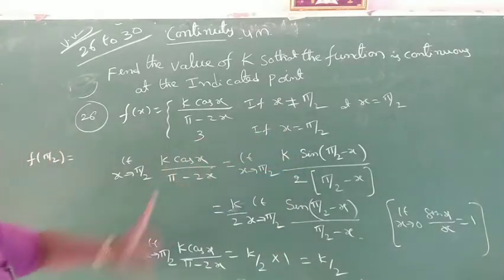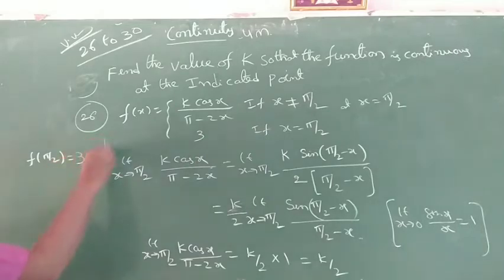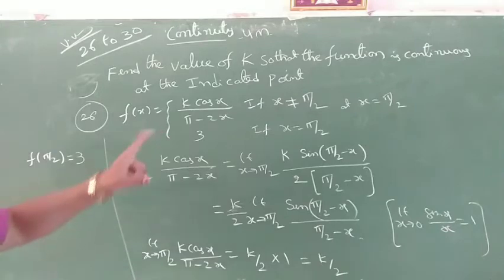F of pi by 2 is equal to what? 3. f of pi by 2 is equal to 3. So, is the given function a continuous function or not? The given function is a continuous function.